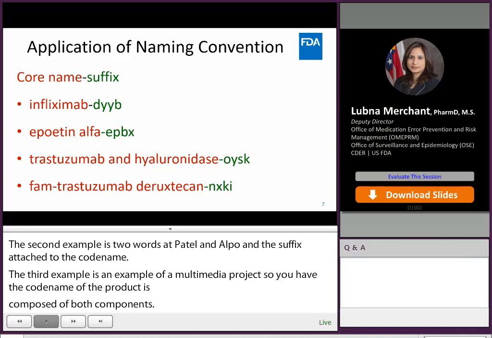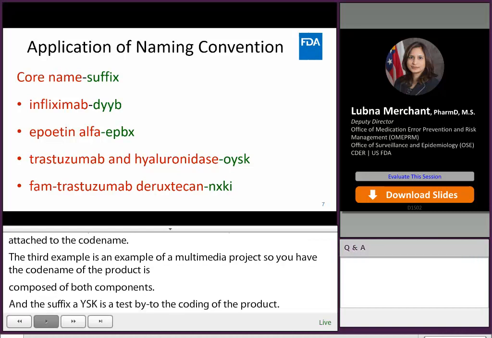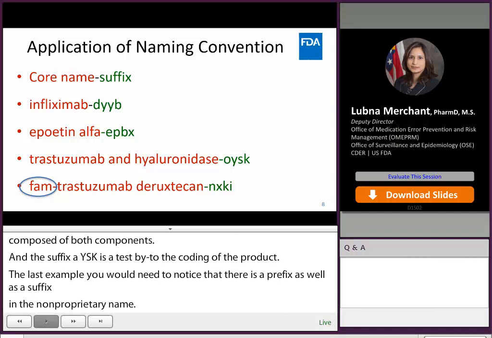In the last example, you'll need to notice that there is a prefix as well as a suffix in the non-proprietary name. In designating proper names for some related biological products, FDA has in some instances designated a proper name that includes an identifier attached as a prefix to distinguish the products from previously licensed biological products.